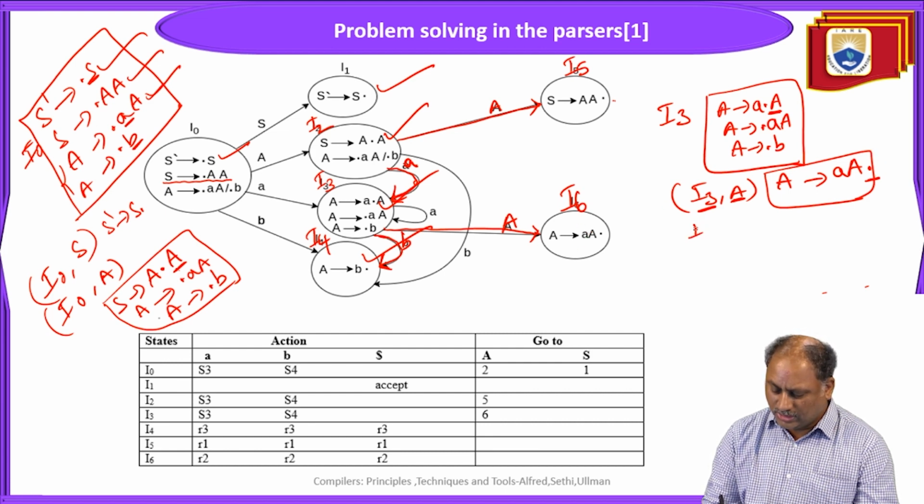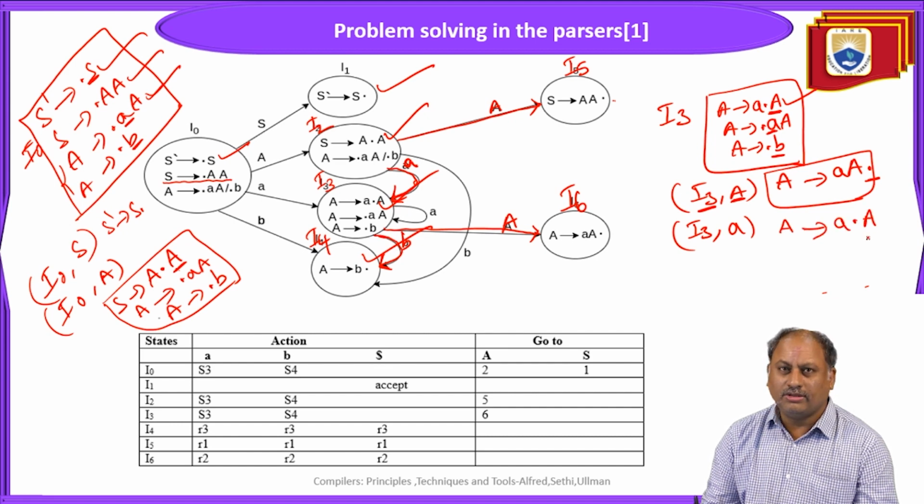Then this is not completed, only one derivation is completed. Now small a and small b are also available. So I3 comma small a. If you perform this, we get A derives small a dot capital A. After the period, capital A exists. Now what are the derivations that exist for capital A?